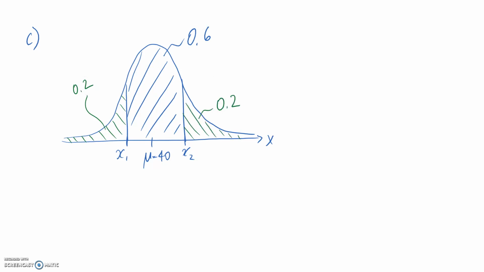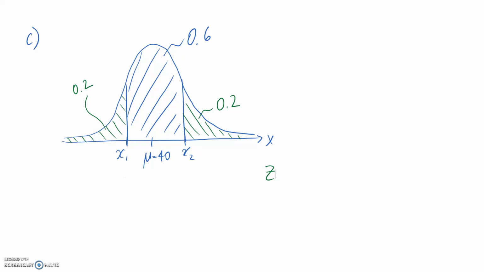Alright, so if we're going to use our z-score stuff, let's focus on x1 to begin with. We know that the inverse function works on calculating from all the way from the left the area up until your cutoff point, which is going to be x1. So we should be able to figure out on the z-scale what this corresponds to.